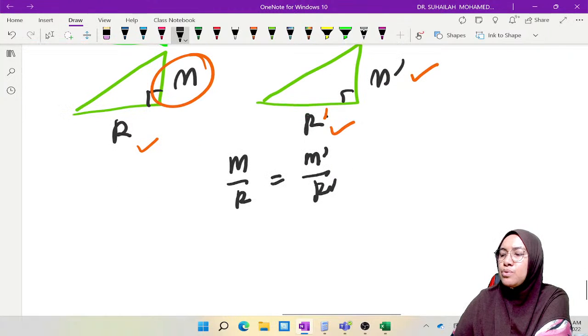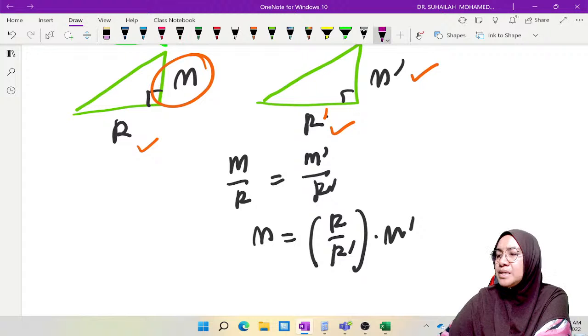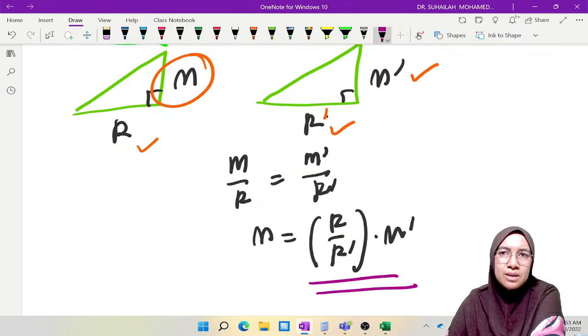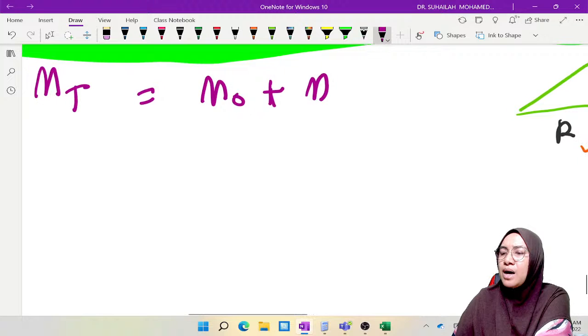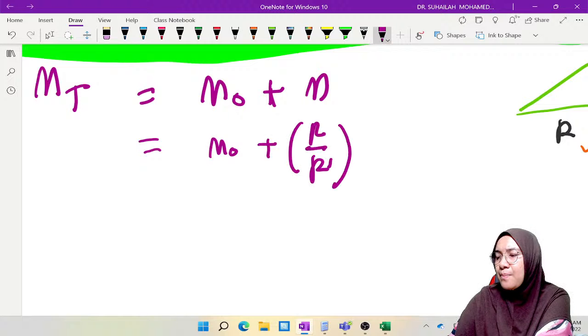Since we want M, we group R and R prime together, times M prime, and substitute into the superposition equation. So we get M naught plus R divided by R prime times M prime.